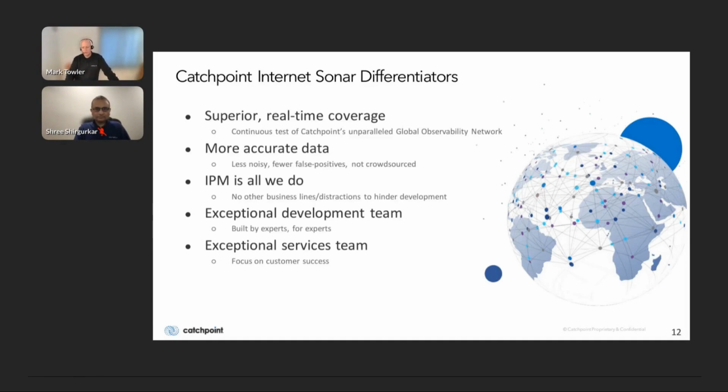Our information is real time, it is global, and it is being tested from where your users are, not from inside the cloud. So if the cloud goes down, we're not blind; we will be able to tell from wherever we are. That's really effective, it's something our competitors can't do, and it makes the information a lot more accurate. We know a bunch of our competitors' solutions tend to be a lot noisier, with a lot more false positives, as Sri was mentioning.